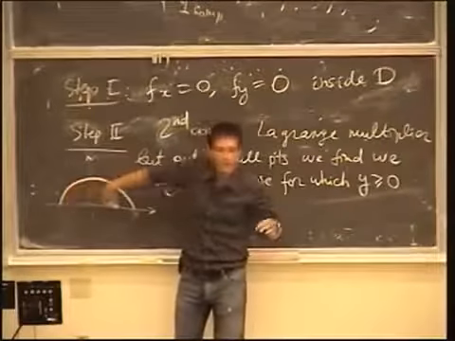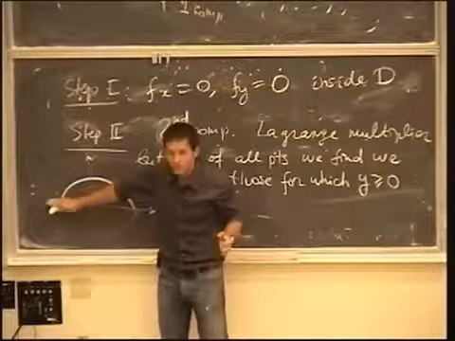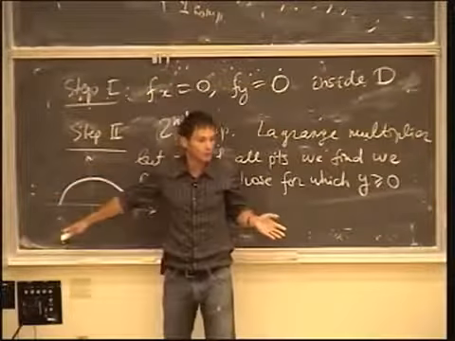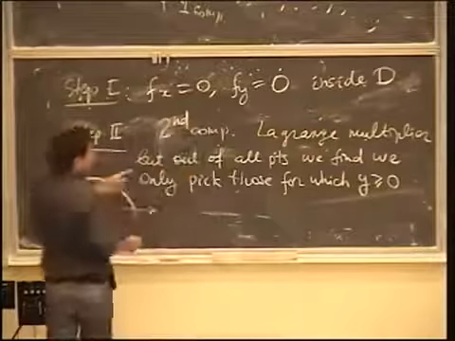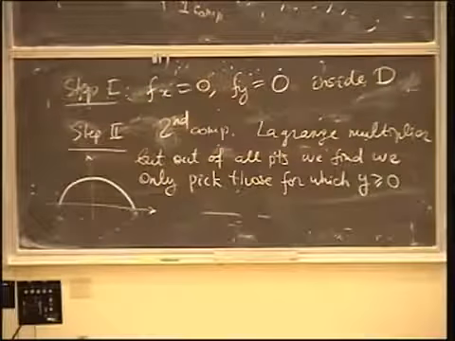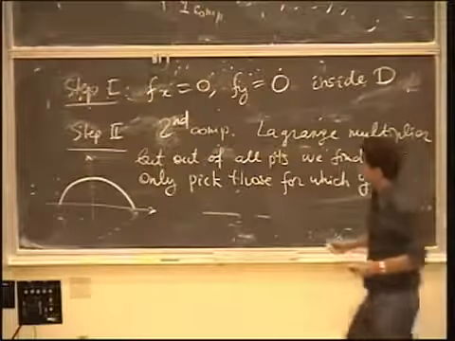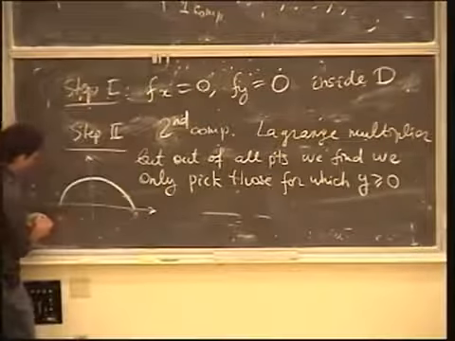So we are only interested in the points we find which belong to this part. If you find something here, we discard it. It's not part of our problem, right? So in this case, if the function were indeed 2x plus y, instead of finding 2 points, we would find just 1 point, which is this one. Only this one, and this one we discard.